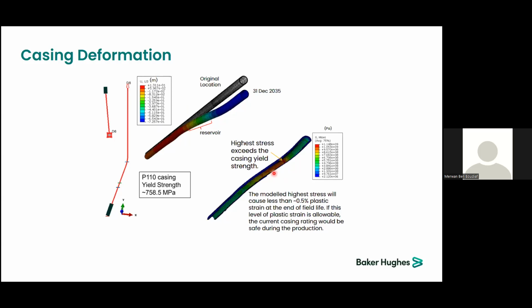This is a case that you can find a lot in North Africa and the Middle East, especially due to the presence of faults that perturb the stresses and cause higher stresses on the casings. From this analysis, we can optimize the casing design with the optimum weight and yield strengths that are all related. Another application is fracture permeability.